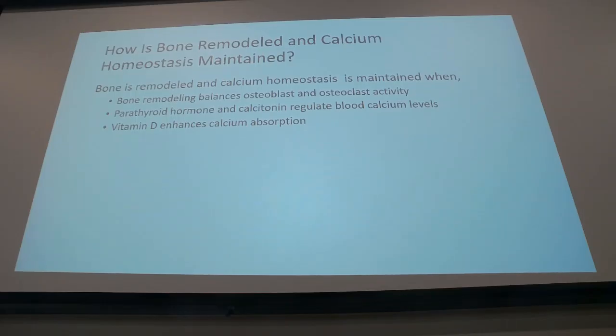In this case, you will have thinner bones. But let's say the next day, you ingest enough calcium and more than enough, and then you start depositing your calcium salt by your osteoblasts.